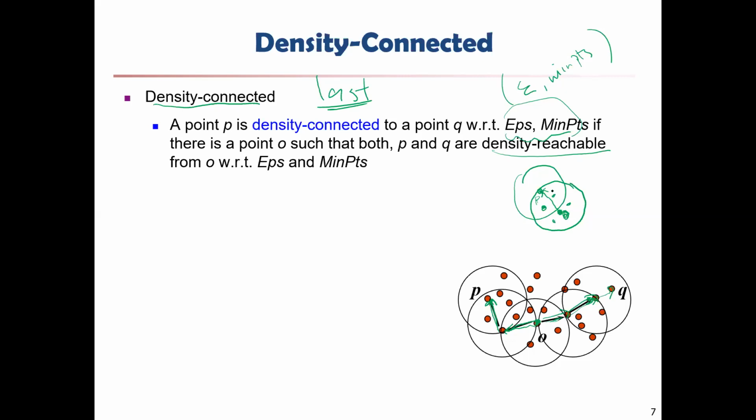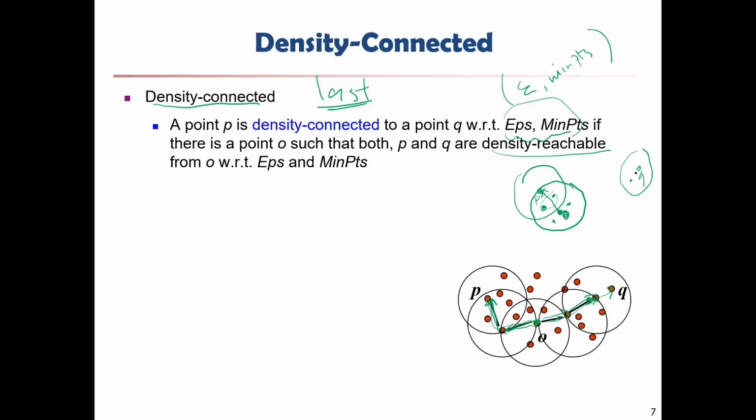P has only 2 points, so P cannot be a core, but it can be directly reachable from something called O, or it can be densely reachable from O, like this. You see? And similarly, you can have a Q here sitting in another neighborhood.